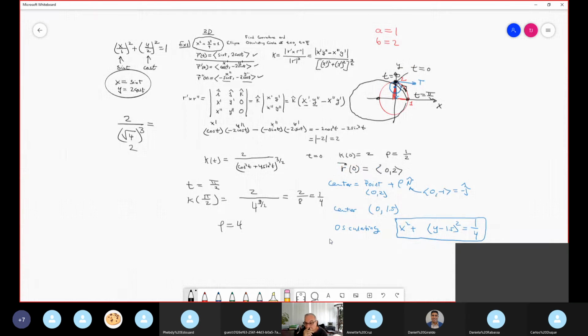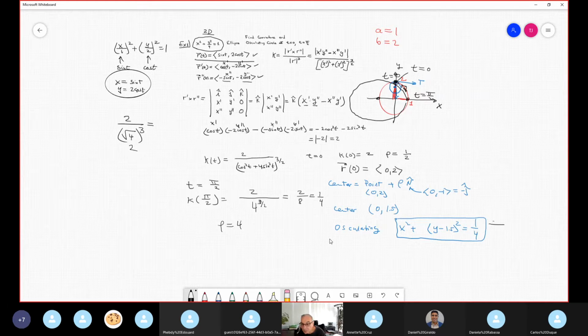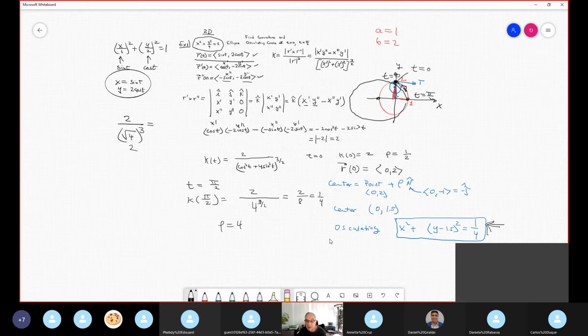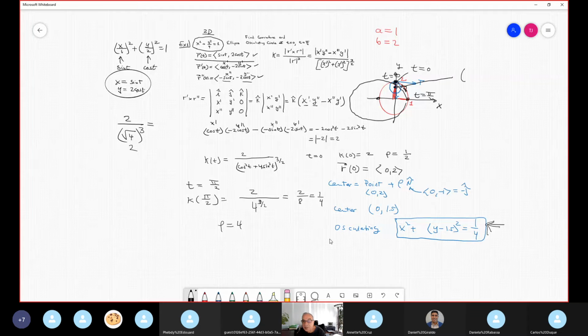The osculated circle equation. This one, Gerardo. This equation or the new one? Okay. The center here is at the point 0, 1.5. Do you understand this or no? Look at that.